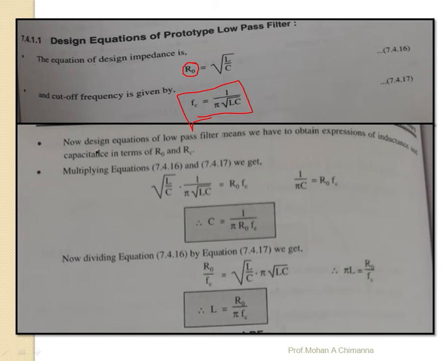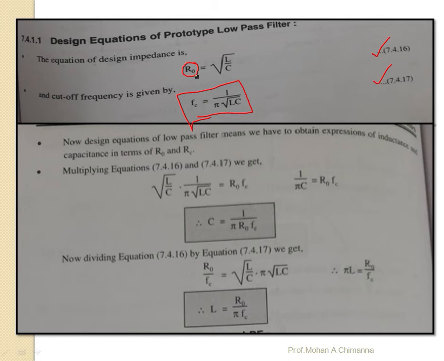We have to obtain the expressions of the inductance and capacitance in terms of R0 and Fc. Multiplying equation 16 and equation 17, we get root of L upon C into 1 upon pi square root of LC.